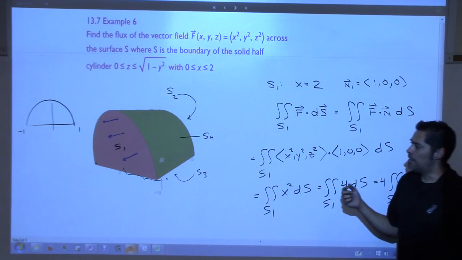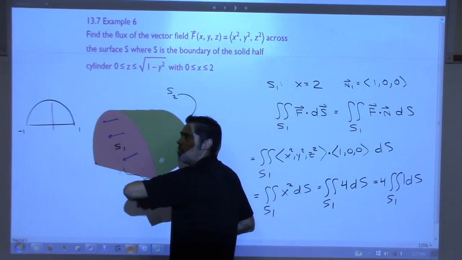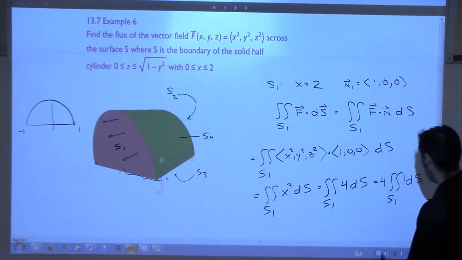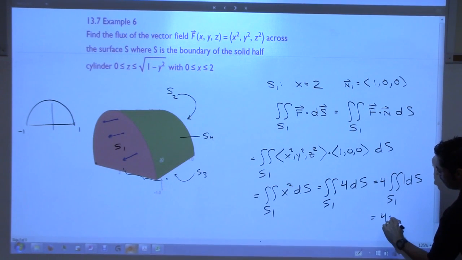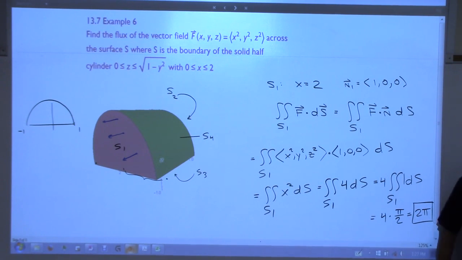So the area of an entire circle would be pi r squared. Since r is 1, this would just be pi, but we're taking half of it. So it's 4 times half of the area, which is going to be just 2 pi. Okay?